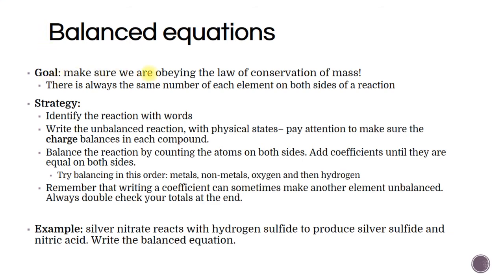Our purpose is to basically obey the law of conservation of mass, which says that you cannot create or destroy atoms. You have to start with the same number of carbons that you have at the end. You can't make them from nothing. All right. So in order to do this, first we write the words down. Then we write the unbalanced reaction. This is where we are messing with the charge, okay? The charge, that's the important thing here.